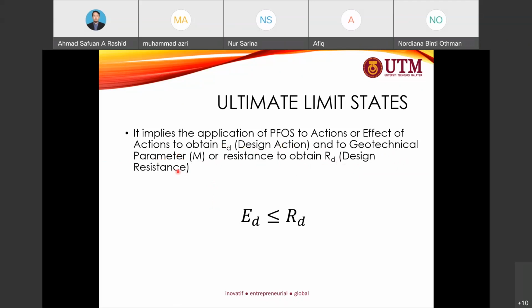And definitely the Rd should be greater than the obtained action. So this is the way EC7 works.